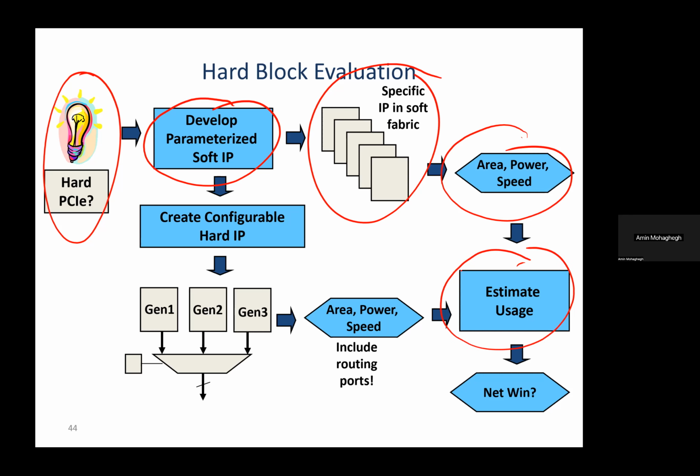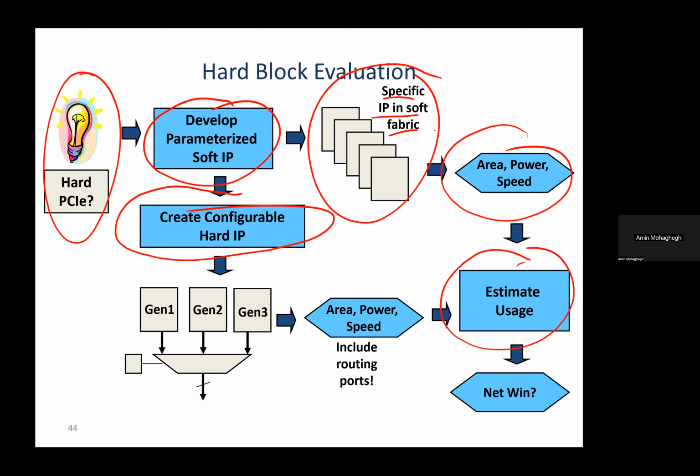You have to estimate how often it's used, and you have to compare it to the hard IP. So when you create the hard IP, you typically start from your soft IP. You already have that normally because you wouldn't be considering hardening this if it wasn't already important. But when you create the hard IP, you can't say, well, I've got all these different variations like Gen 1, Gen 2, Gen 3, and I'll use whichever one's appropriate.